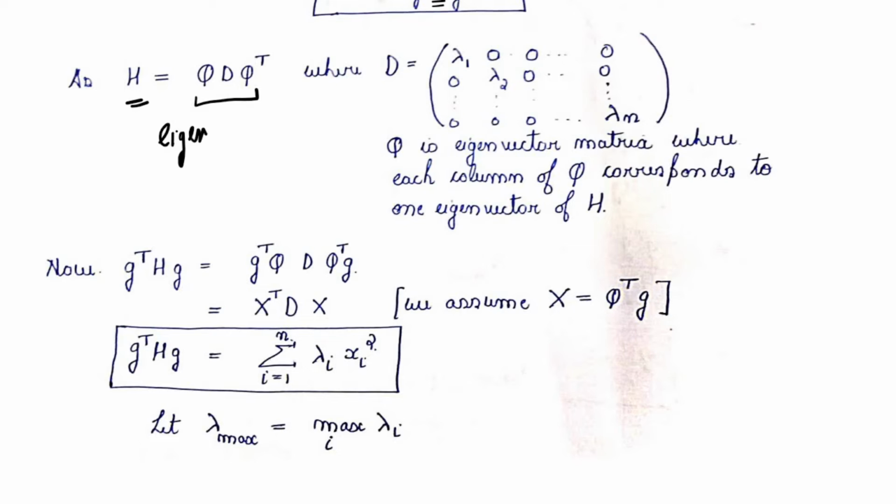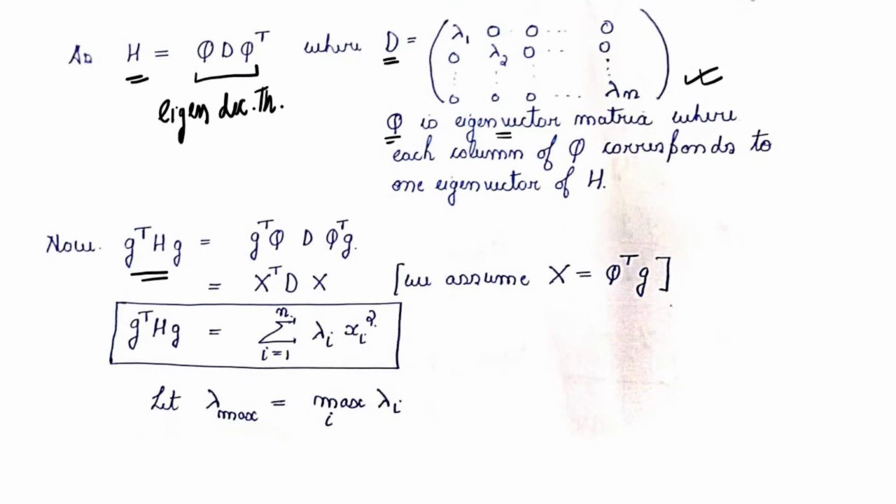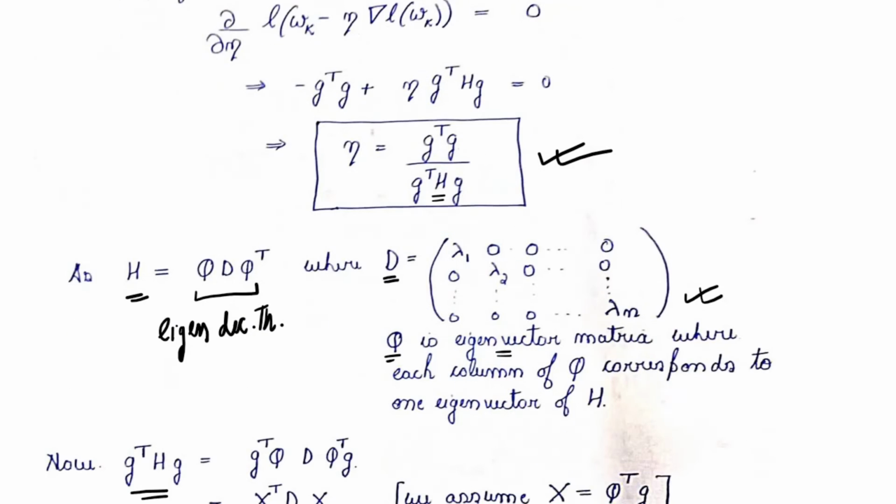This is the eigen decomposition theorem, where the matrix D is a diagonal matrix consisting of the eigenvalues and Q is the eigenvector matrix which we have. We substitute it in G transpose H G, and G transpose H G was actually a term which we obtained in the denominator.